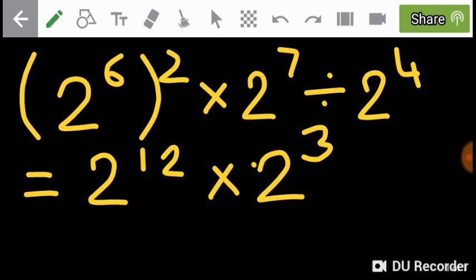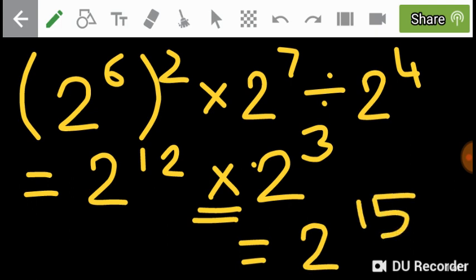Now 12 multiplied with 3. Now it goes with the multiplication rule where we add the powers, which is 12 plus 3, 2 to the exponent 15. So in this particular math, you probably have found out that we have used 3 rules connected together: the division rule, the multiplication rule, as well as the bracket rule.